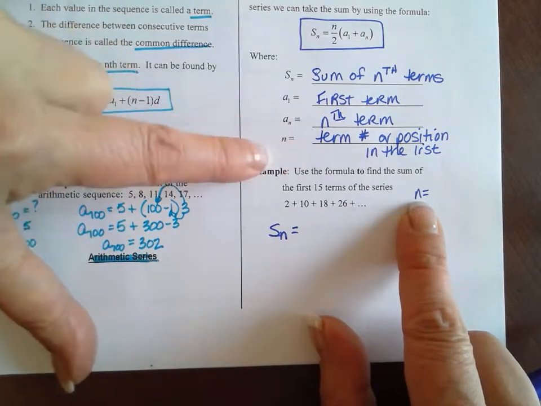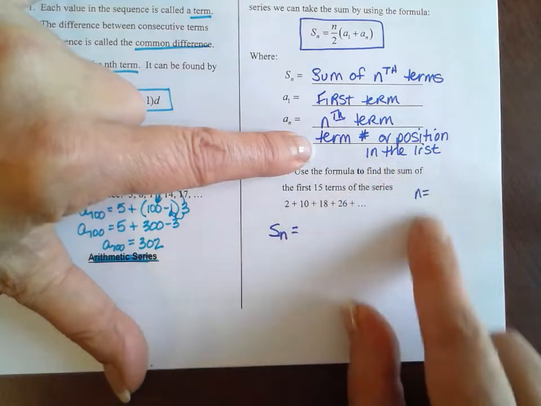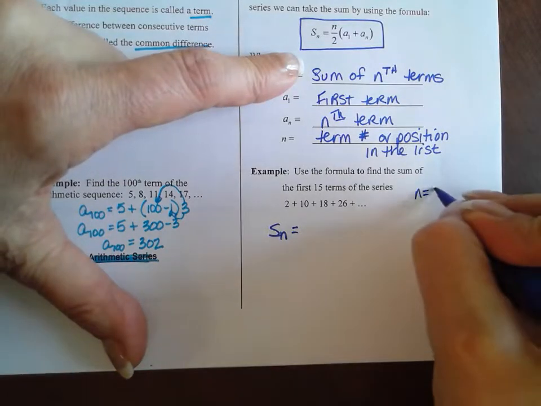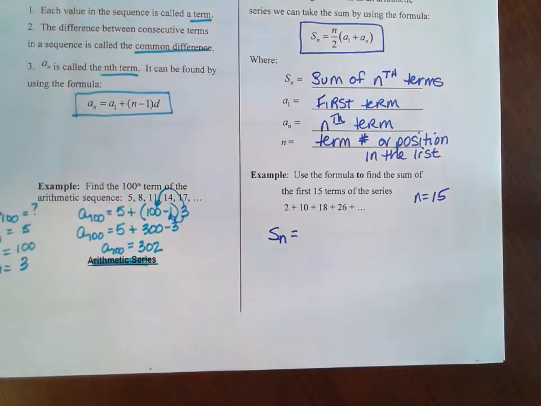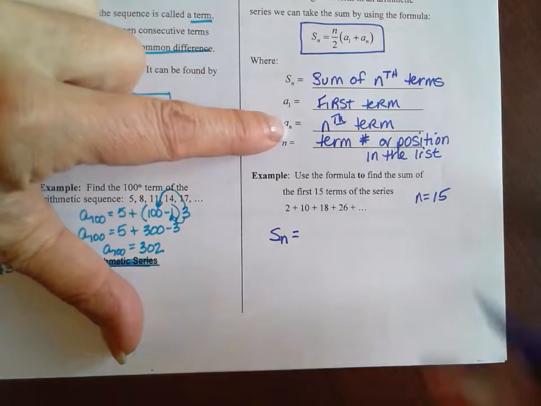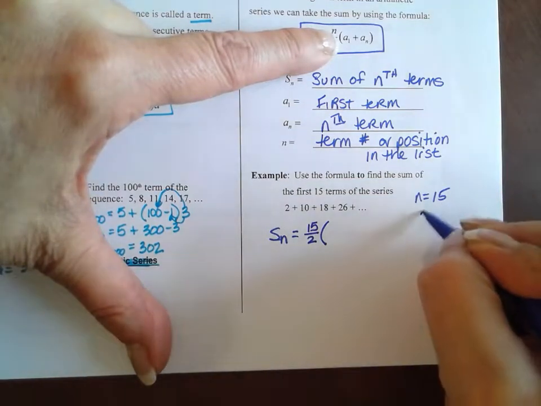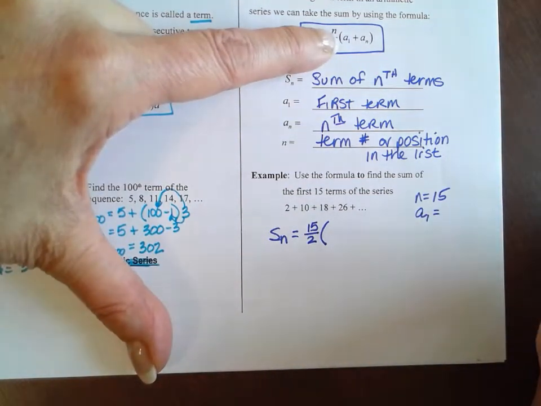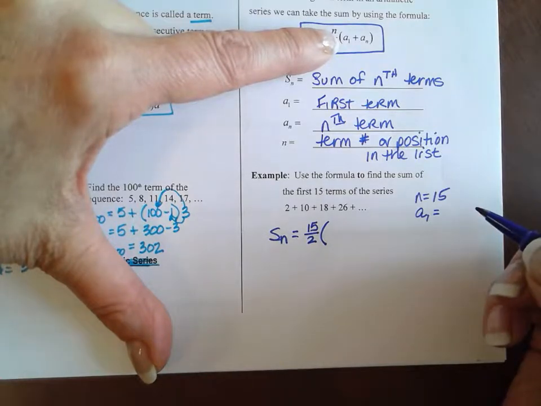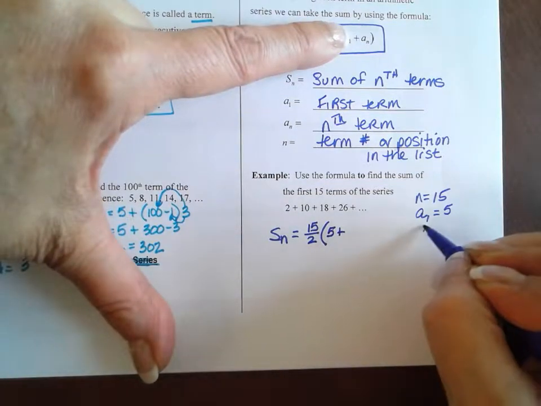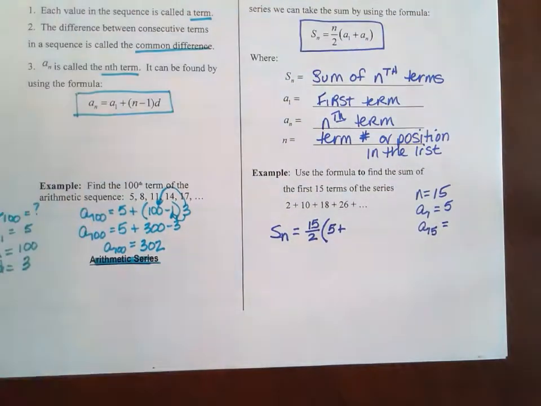If n represents the term or position? Grace, what do you think? Yeah, that makes n the 15, because that means I need 15 terms. I'm using that position of the series. Okay? So I have 15 divided by 2. What's a sub 1? What's my very first term? Jordan, say that louder. 5. And then a sub 15 is going to be what?